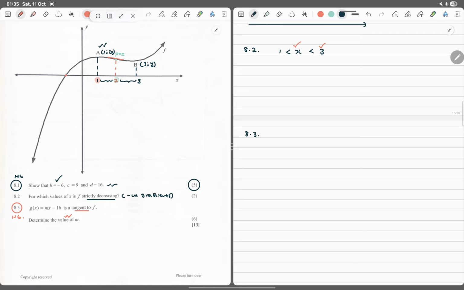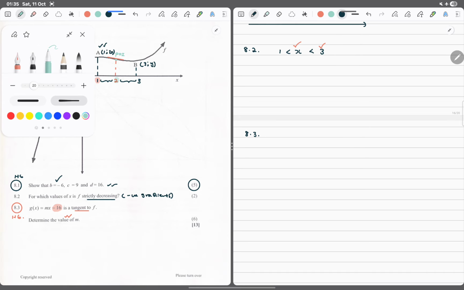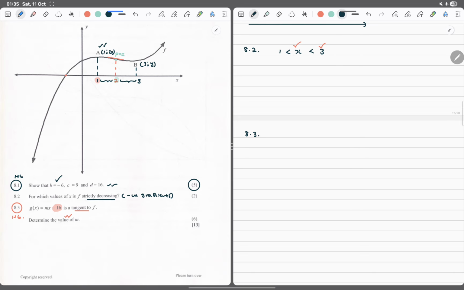If we look here, we see that the y-intercept of our tangent is negative. So it's not possible to be anywhere but perhaps here. The tangent can only be on this side for it to cut down there at minus 16.